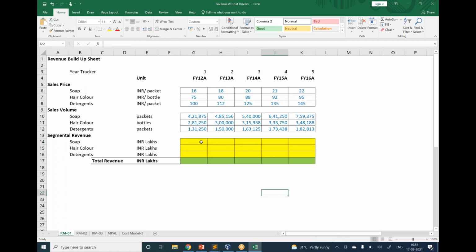Equals 16 into 4,21,875 divided by 10 to the power of 5. Add it up. They're all relative referencing. Just type next when you have done this row.